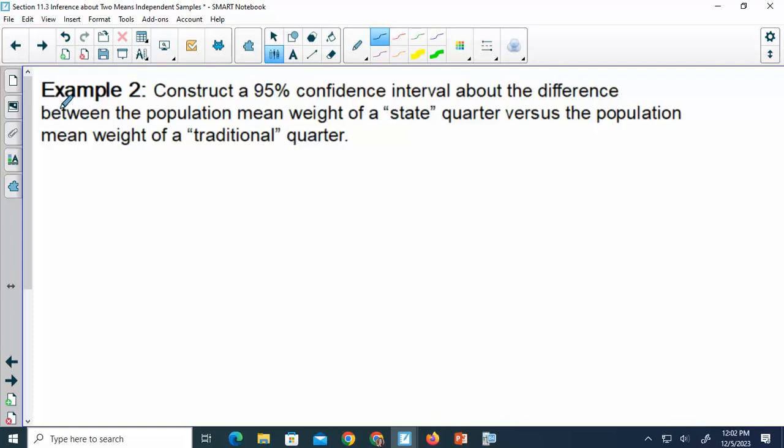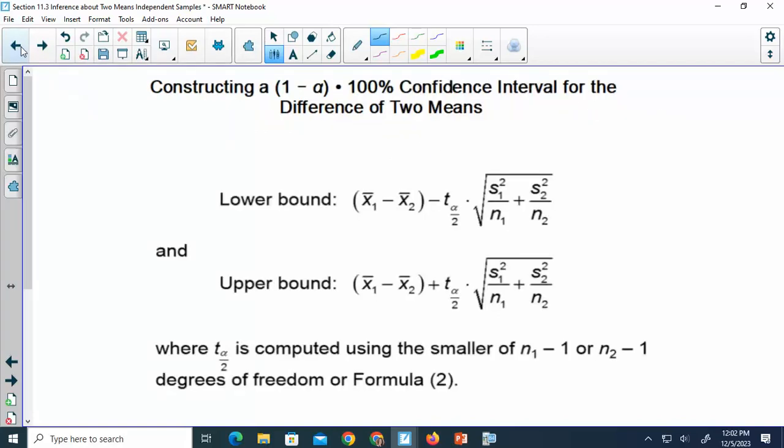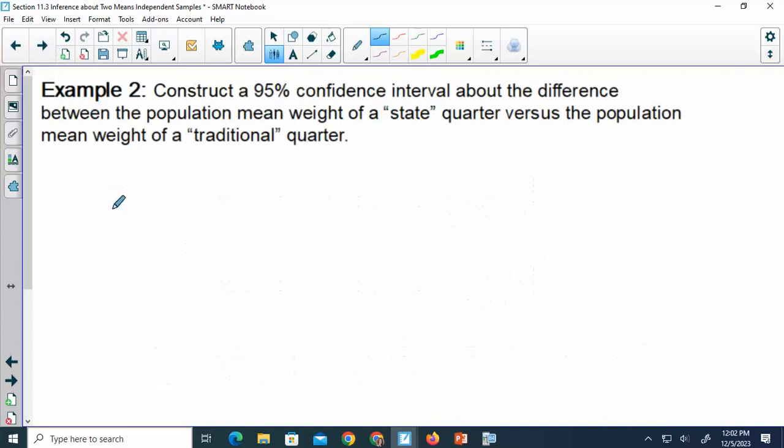Okay, so we already have the means, standard deviations, and n's from our other calculation. What we need is that t alpha over 2. So we have a 95% confidence interval. That means we want 95% of the data to fall in the middle.